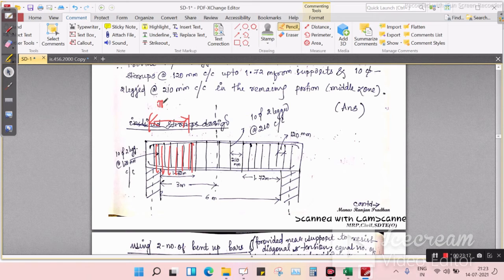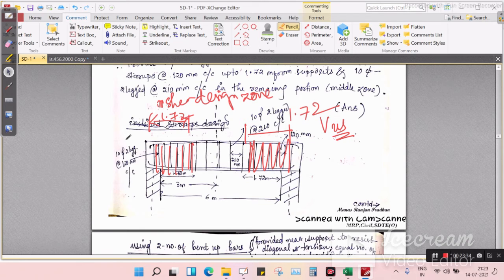This is our shear design zone, the Vus zone 1.72. This is also from this side. This is shear design zone 1.72. 10 mm 2 leg stirrup at 120 mm center to center. So stirrup gap are 120 mm from each other.